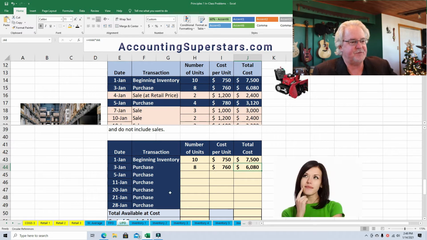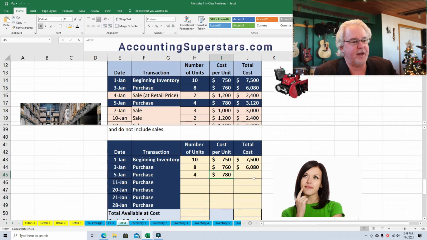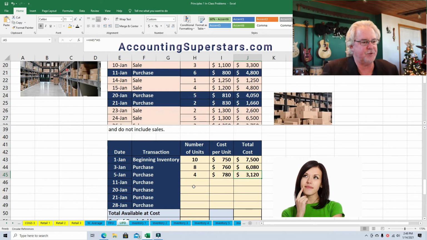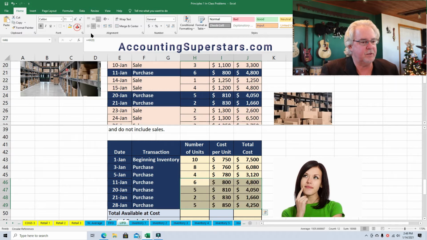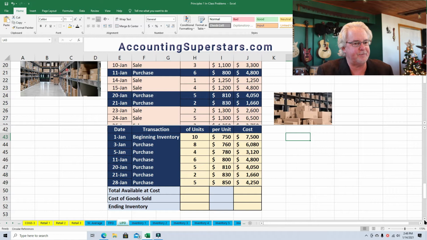On January 5th, Fred purchased another 4 snowblowers at $780 each, for a grand total of $3,120. All I'm doing is taking what was purchased up above in the original chart and copying them down below here. I'll just copy all the numbers here real quickly. There we are. So there's all the purchases for the month of January.